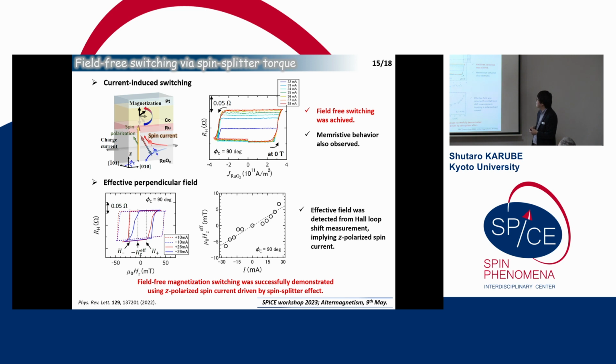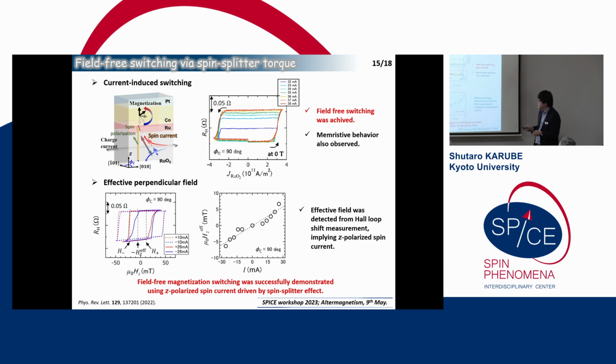Furthermore, we found memristive behavior due to the multi-domain structure in the cobalt layer. To confirm that this result comes from the spin current generation in the ruthenium oxide, we also performed Hall loop shift measurements to extract the effective perpendicular field.